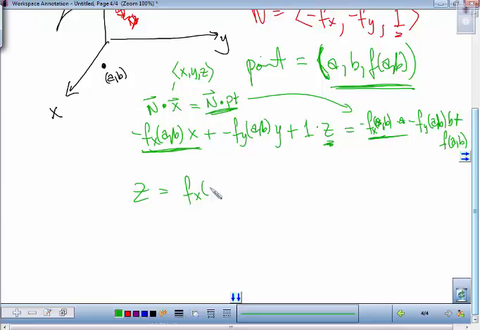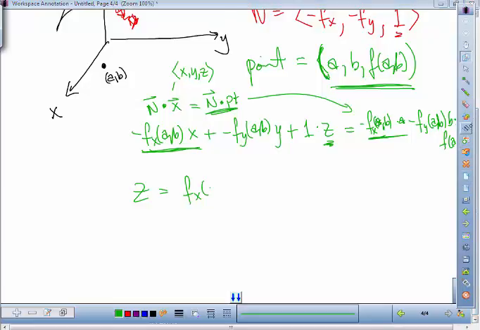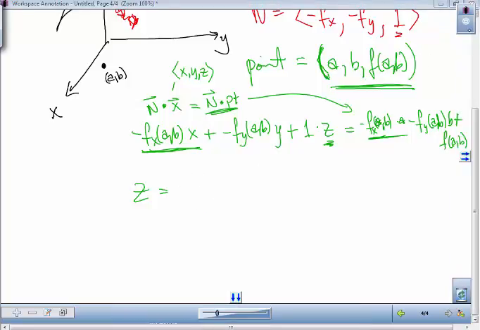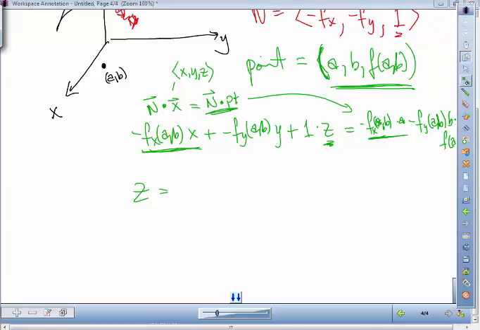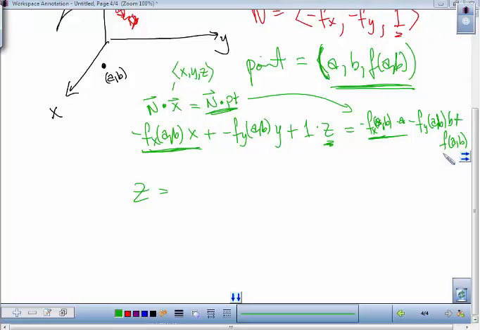Wait, sorry. Before I do that, I want to put this first, the f of ab, which is like the z value of the point, right?